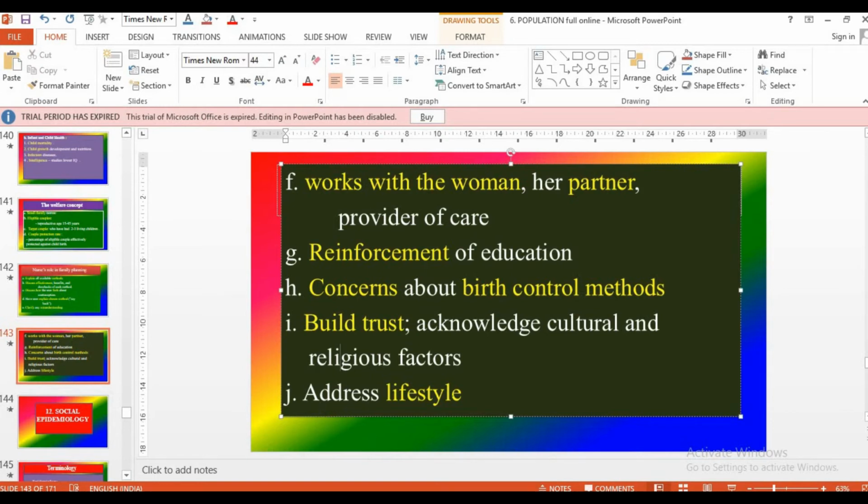G, address lifestyle. The style of living should be enriched. A healthy lifestyle should be promoted by nursing professionals. As we know, after marriage comes childbearing. Until marriage, a woman may look pretty and be so active. But after marriage, in most women, that prettiness goes away.